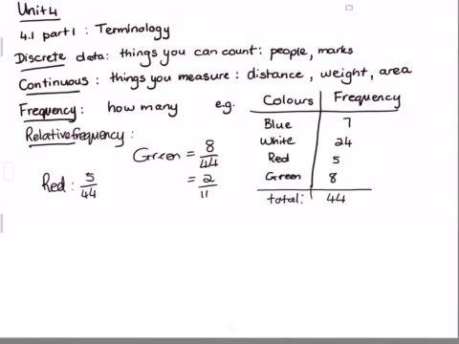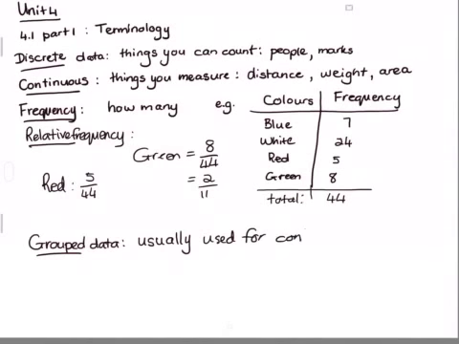We're going to do one more new word, grouped data. And that is most common, usually used for continuous data. You can do it for others as well, for discrete data as well.